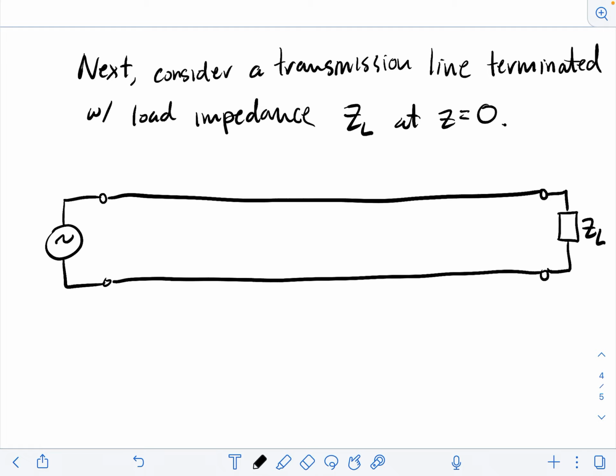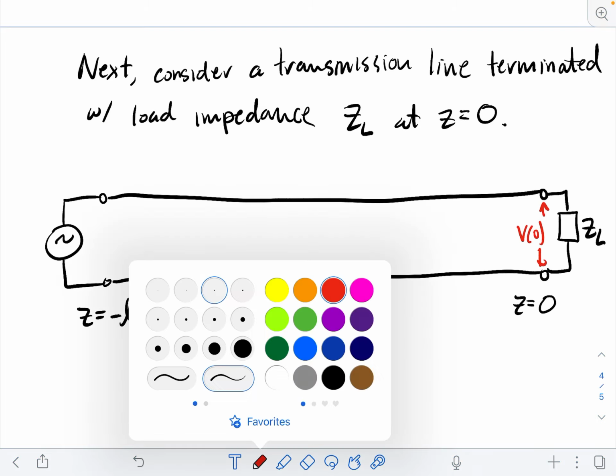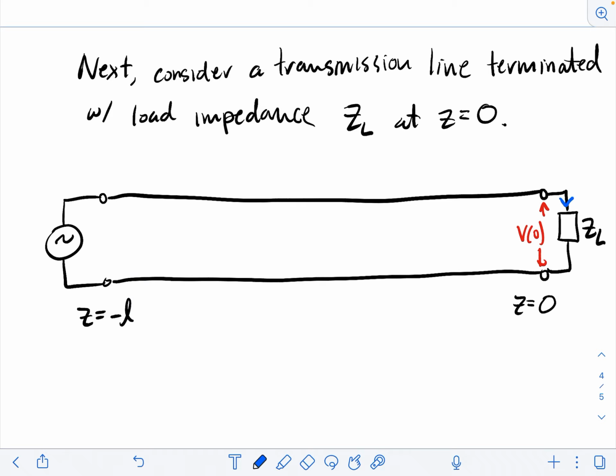Over here we set this to be the position Z equals minus L, and this is the position Z equals 0. If we were to measure the voltage at this end, this would be the voltage at Z equals 0. And then we would also have a current in our load impedance, which is the current at Z equals 0.